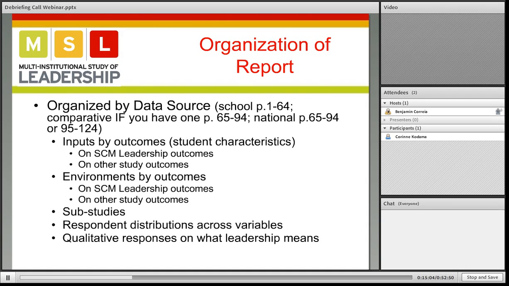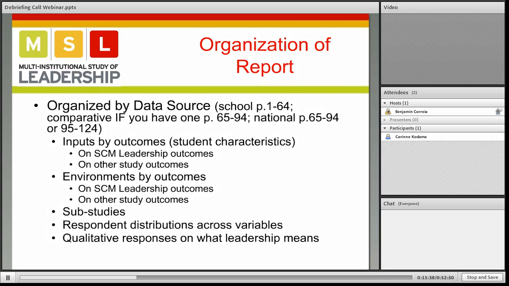The way it's organized is the first section of your report is titled Inputs by Outcomes. So that is basically student characteristics and demographics on the outcomes of the study. The second grouping of tables is called Environments by Outcomes, and these relate to looking at the outcomes based on college experiences, like your leadership programs, other activities that might be happening in college.